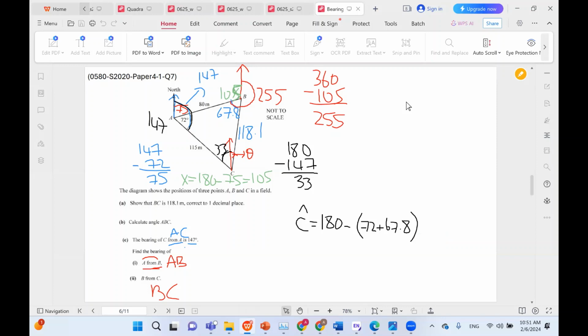First of all, 72 plus 67.8 gives us 139.8. So angle C is approximately 40.2. Next, we want to get theta. So theta would be 40.2 minus this angle here, 33. And that gives us 7.2 degrees.